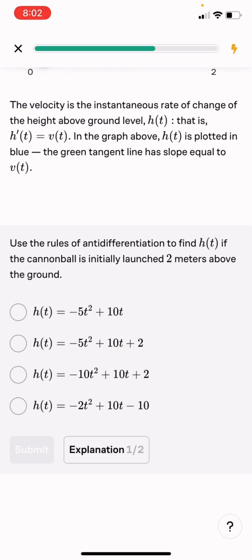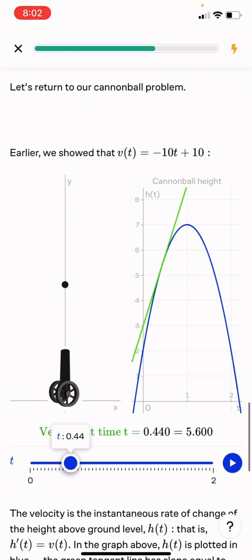So it is initially launched 2 meters off the ground.